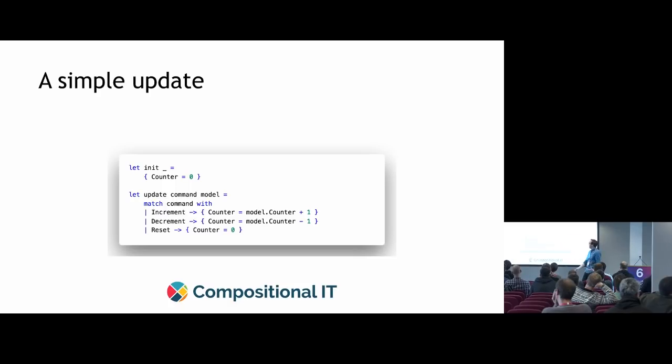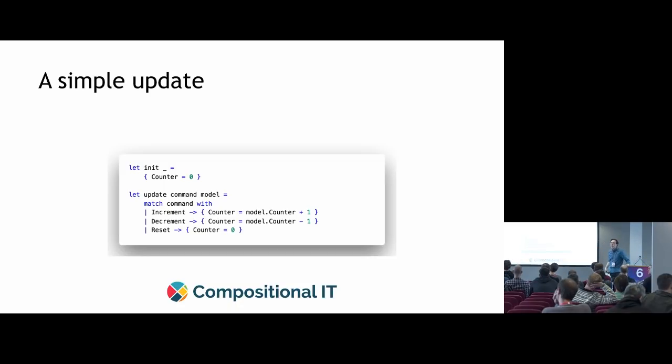Because this is F#, and because our events are a discriminated union, and this is a pattern match, if at any point we fail to consider, for example, the reset event, we'll get a compiler warning or even a compiler error which says, you've not considered all the options. If you don't consider this, your application might break. And then we return a new state.